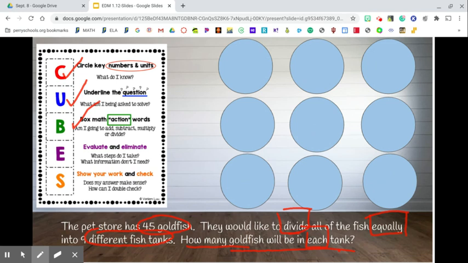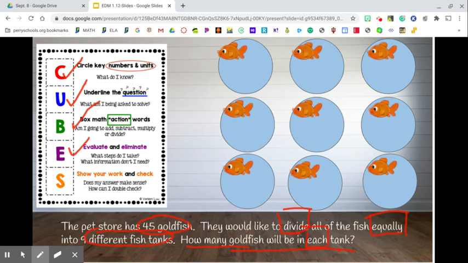So I have 9 circles to represent my 9 fish tanks. Next, what I want to do is to put those 45 goldfish into those fish tanks, but I'm not going to just dump them all at one time. I'm going to count them one by one and put 1 in each of those fish tanks so that they're equal and I'm dividing them equally.